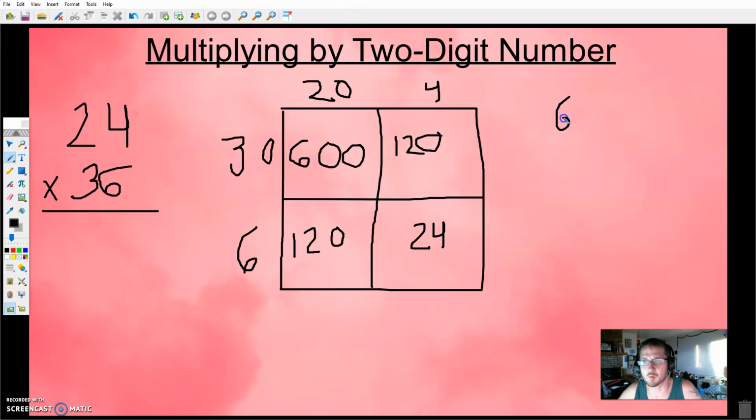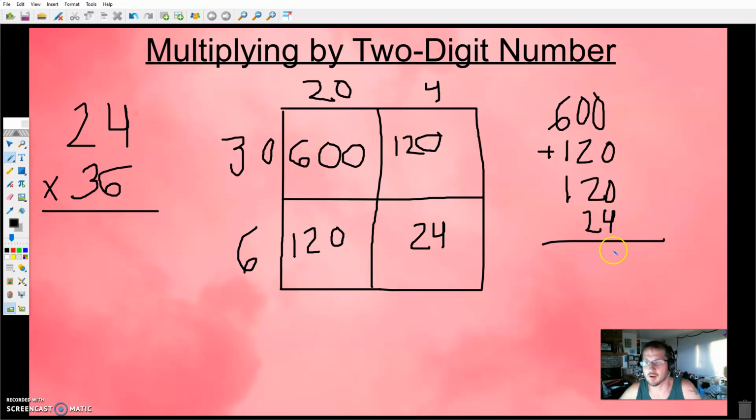So at this point in time, we're looking at adding 600 plus 120 plus 120 plus 24. And then I just need to add all of those together. So I end up with 864 would be 24 times 36.